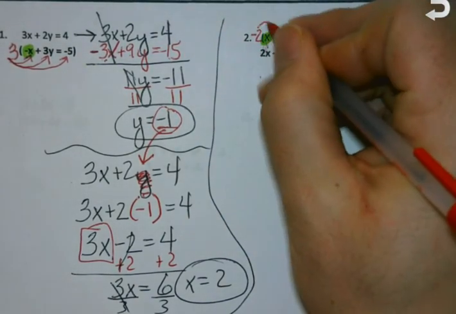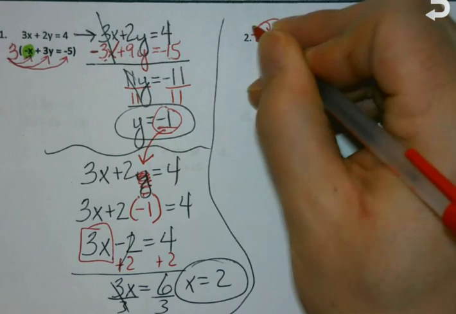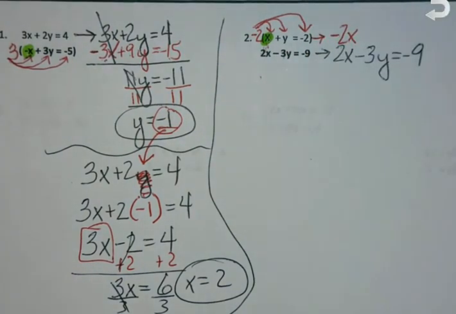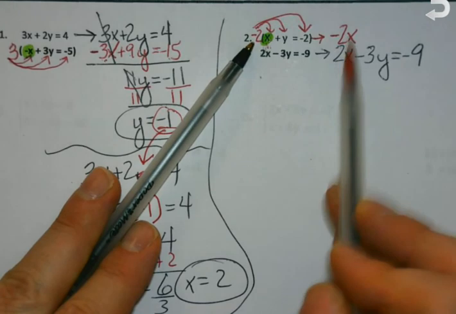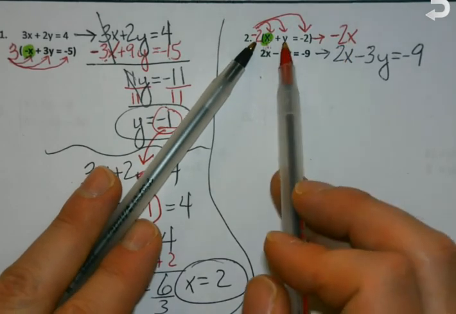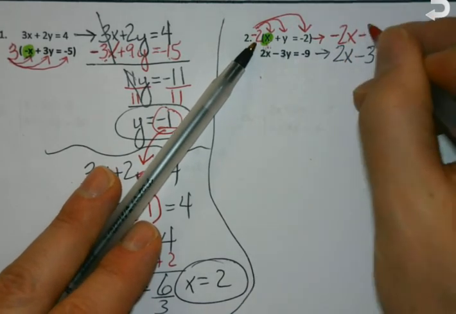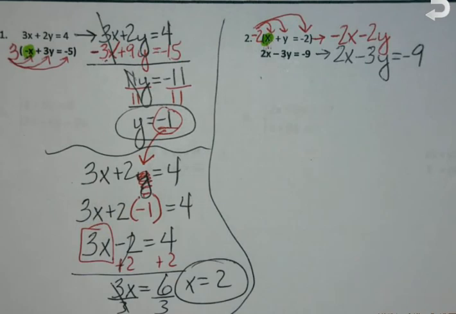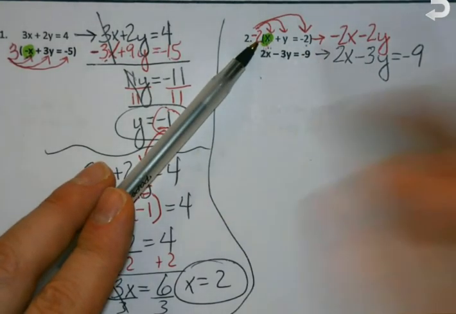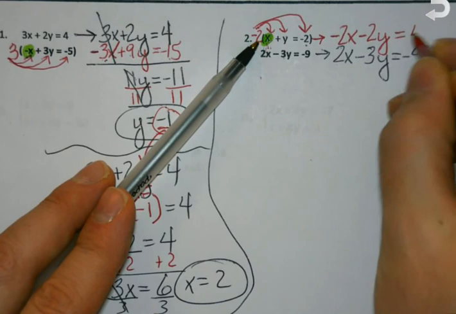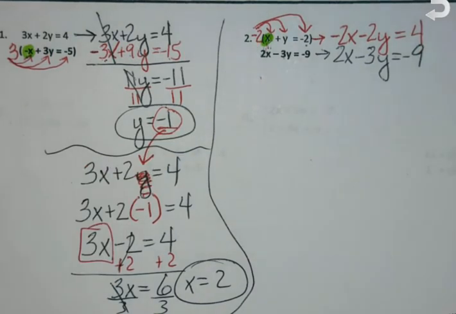So I'm going to multiply that negative 2 all the way through here. So there's my negative 2x. Sweet, that'll cancel out in a minute. Negative 2 times y is negative 2y. And negative 2 times negative 2 is positive 4.